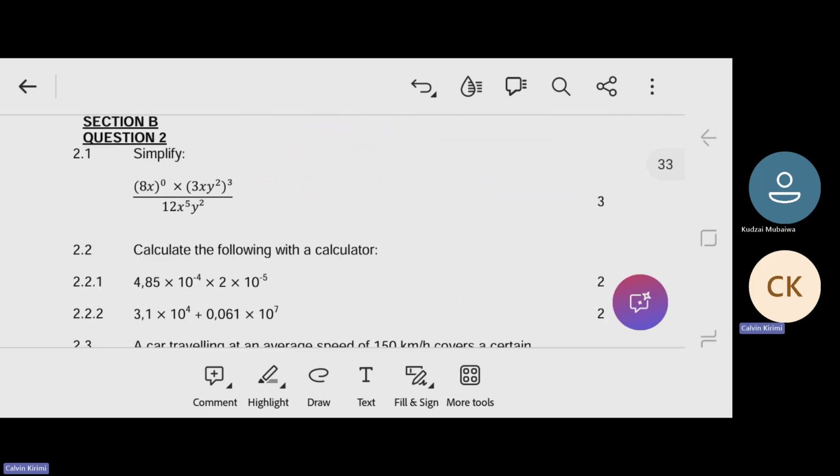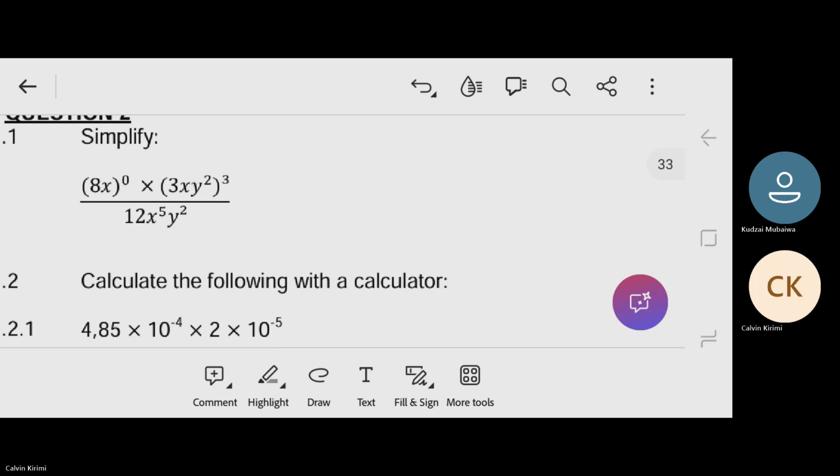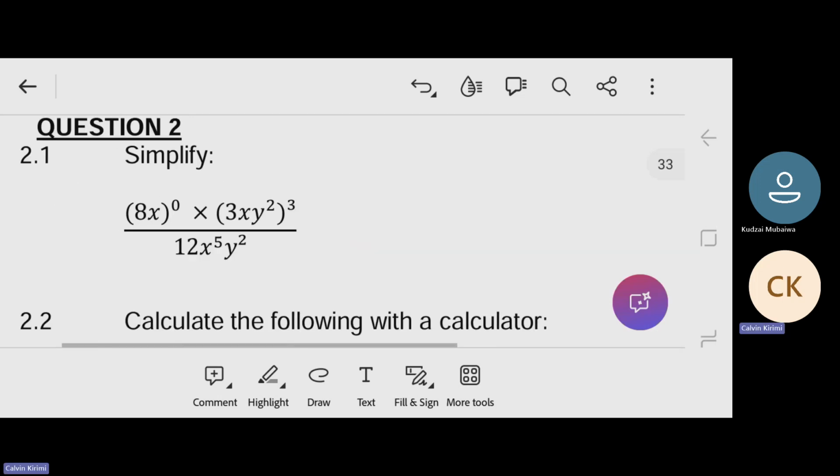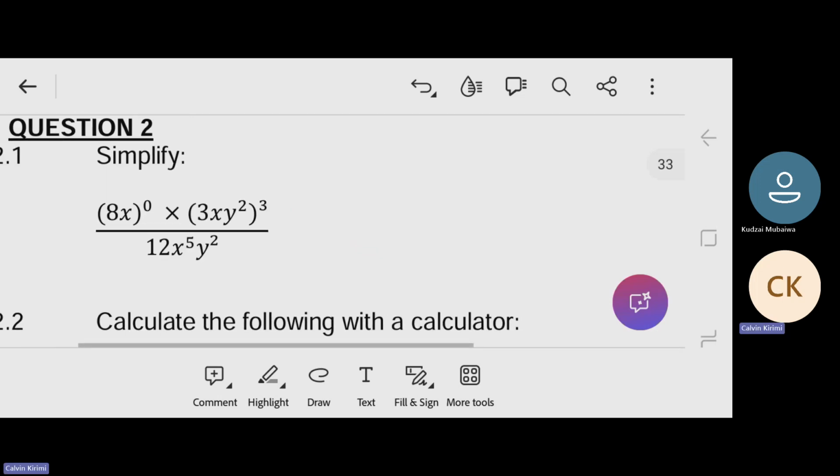Let's go to number 2.1. I want to simplify this. So simplify, you are factoring out the highest common factor, or dividing by the common factors.